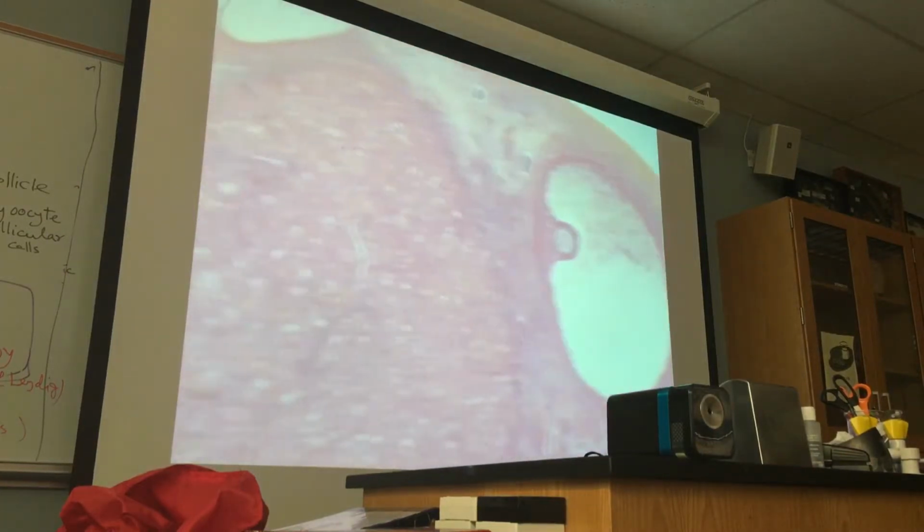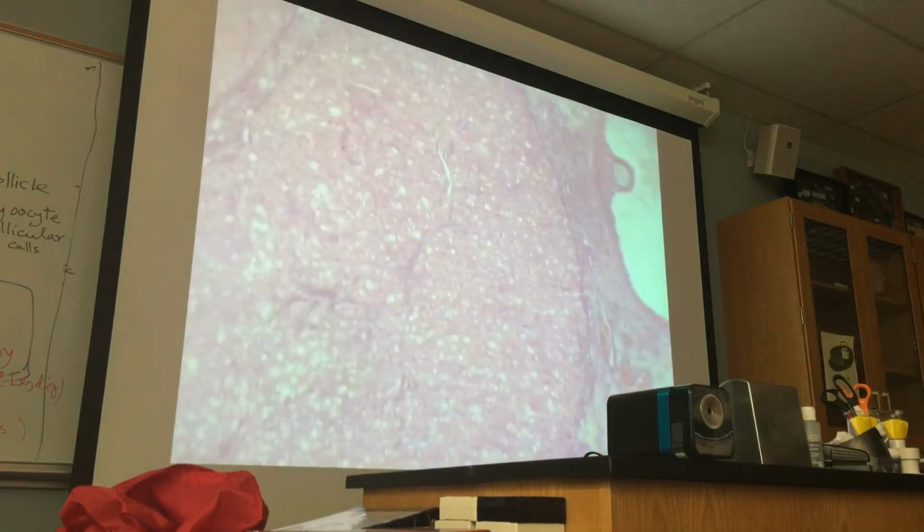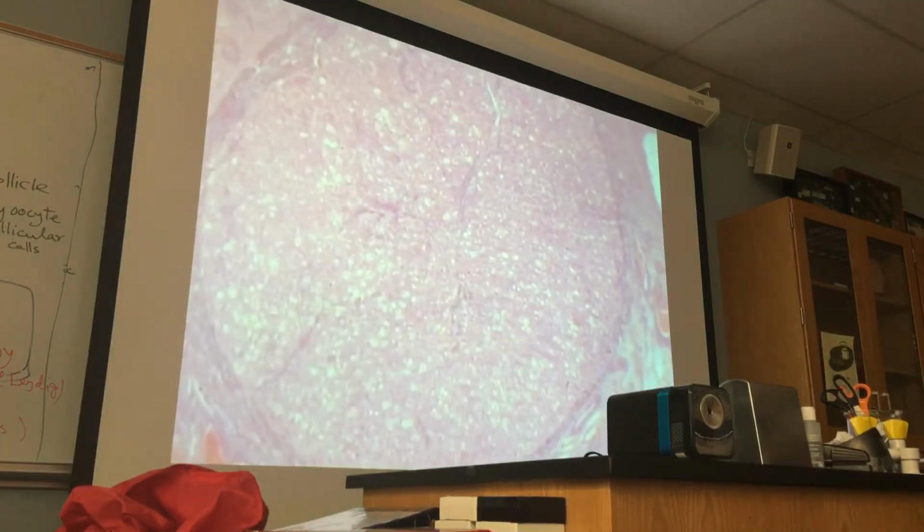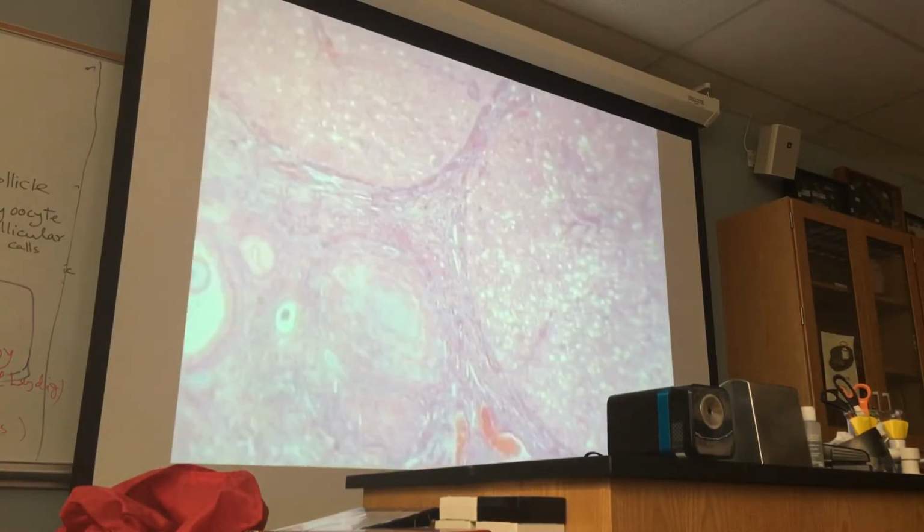Look here, this is a corpus luteum, this huge structure. Can you see this? The whole structure. It looks like there are fibers in it. These are the luteal cells, and these are the hormone secreting cells. This is the corpus luteum. There is another corpus luteum.